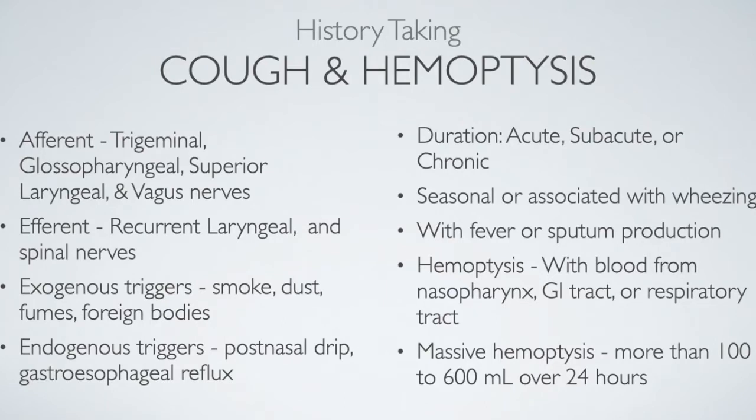And so when the reflex is triggered, the brain sends out instructions through the efferent branches to your recurrent laryngeal and spinal nerves that control your ventilatory pump, and these nerves are coordinated to generate the high pressure container in your lungs, the container that is created when you inhale deeply and then shut off the airway by closing the glottis.